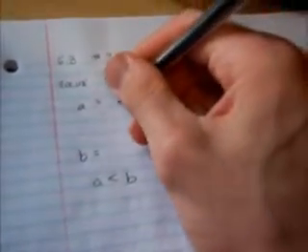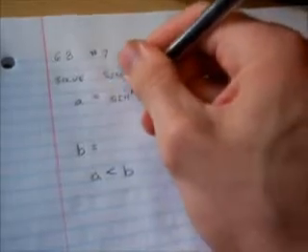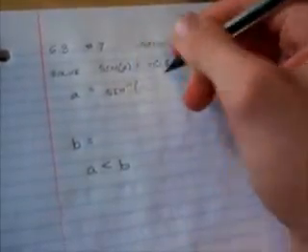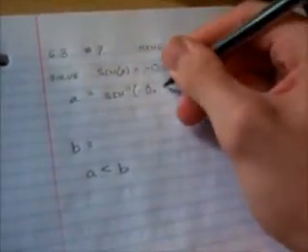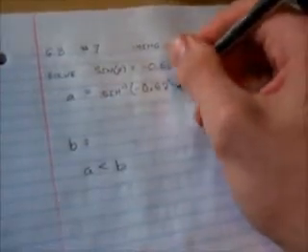So what you're going to want to plug in to your calculator is sine inverse of negative 0.62. Okay.